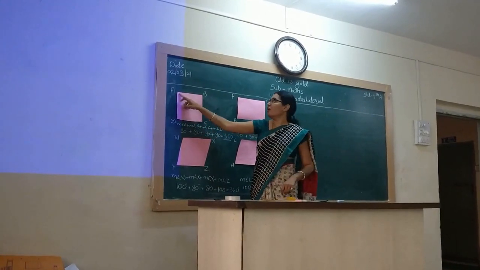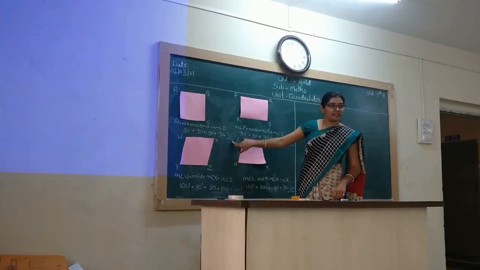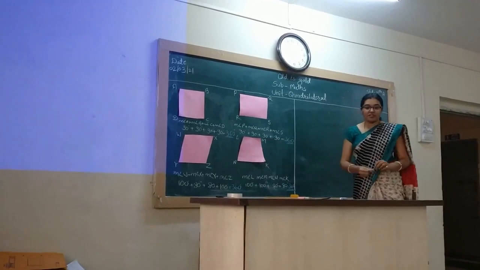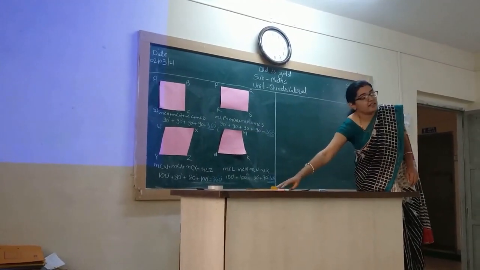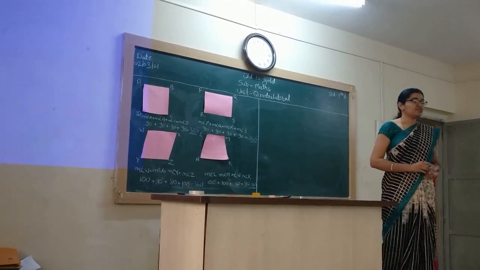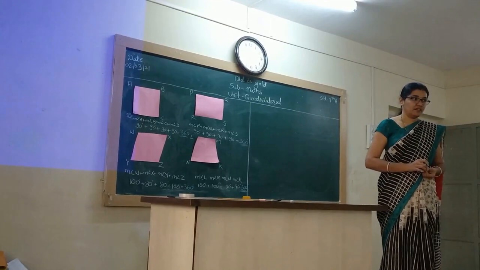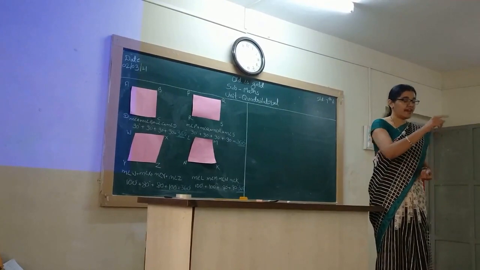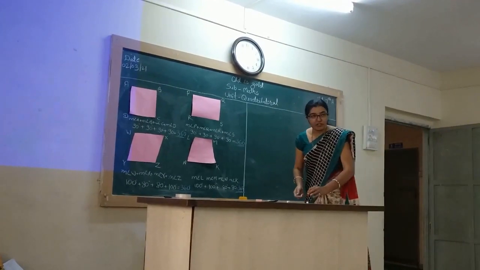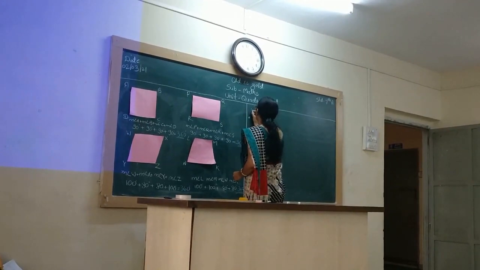Sum of all these interior angles is how many? 360 degrees. Yes, very good. So this is nothing but the angle sum property of the quadrilateral. So what is the angle sum property of quadrilateral? The sum of angles of quadrilaterals is 360 degrees. Okay, write down this property in your notebook. Angle sum property.